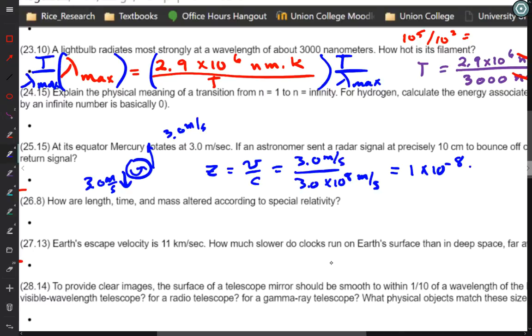But that Z, we said, was equal to the wavelength shift over the wavelength. And so my wavelength shift must be my wavelength, 10 centimeters, times 10 to the minus 8.